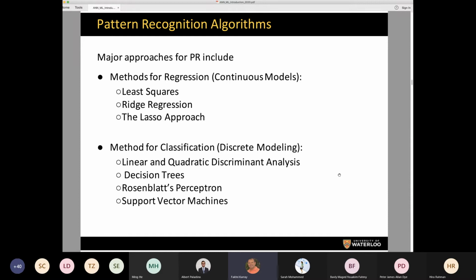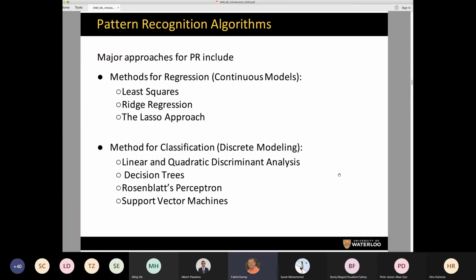And many of these techniques are utilized in conjunction with these methods of classification or regression, with particular tools that are most used in the area of signal processing, computer vision, or image processing systems.